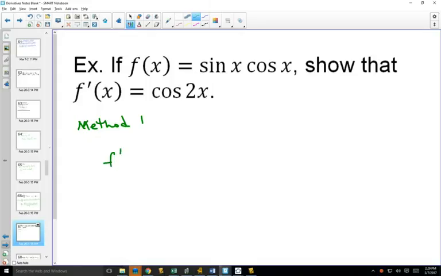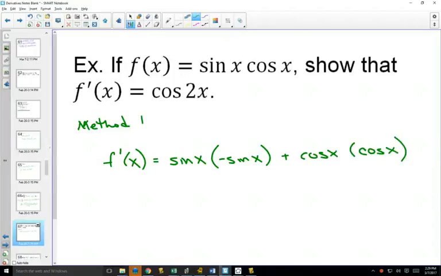If I was doing the product rule, I keep one the same. Derivative of cos is negative sine, plus keep the other one the same. Derivative of sine is cos. If I multiply these together, I'm going to get cos squared x minus sine squared x.